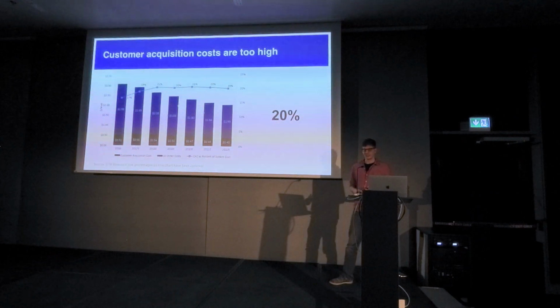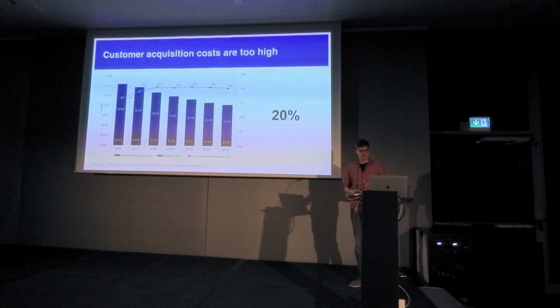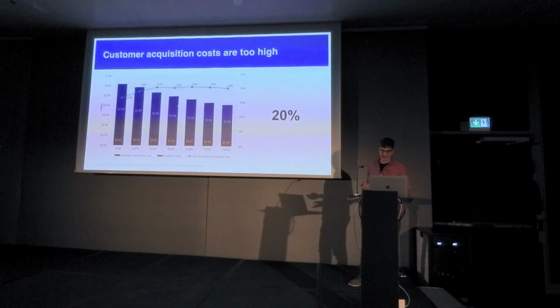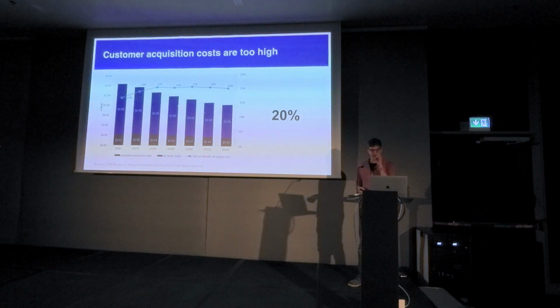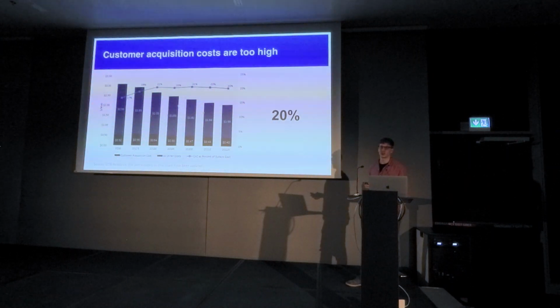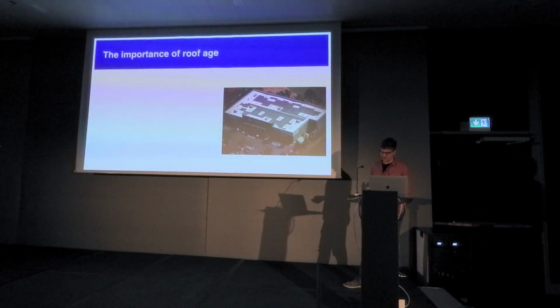That includes labor, permitting, and customer acquisition costs. In fact, customer acquisition costs in the U.S. account for about 20% of the total cost of installing solar, which is really high. So it's a prime target for further cost reduction.